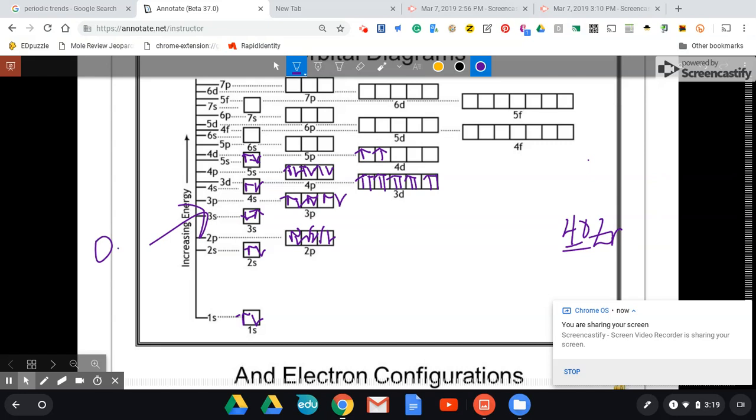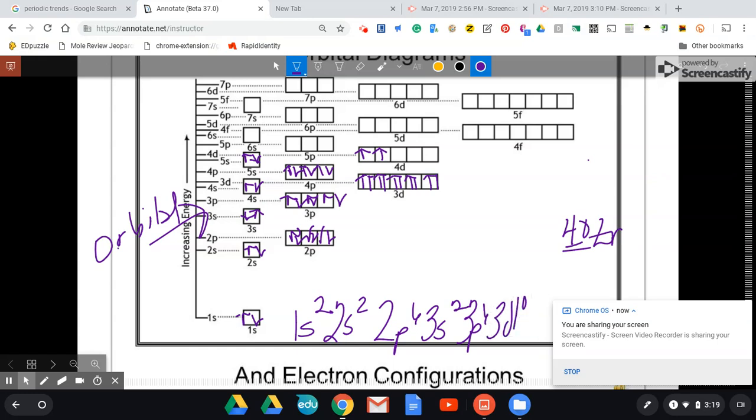Remember, this is my orbital diagram. Okay. If I want to do my electron configuration, just rewrite it. So 1s2, 2s2, 2p6, 3s2, 3p6, 3d10, 4s2. Oops, I didn't. Did y'all see my mistake?